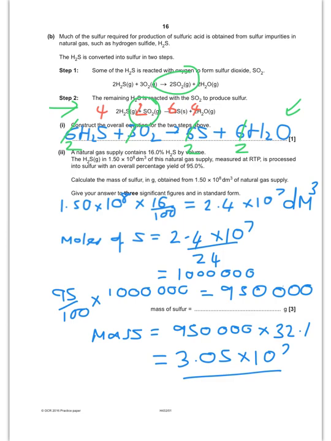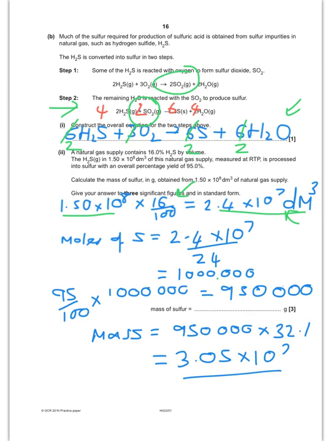So I take my volume of natural gas, times it by 60% to give me 2.4 times 10 to the 7 decimeters cubed of H2S. Now I can find my moles of H2S, which is going to be the volume divided by 24 to give me a million.